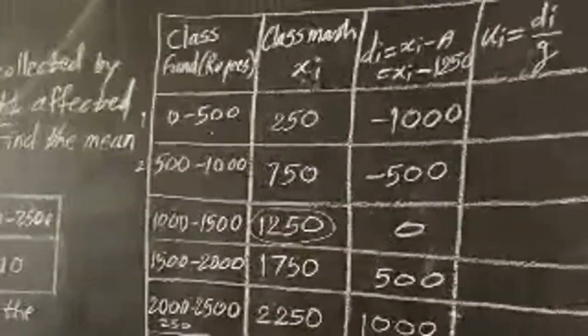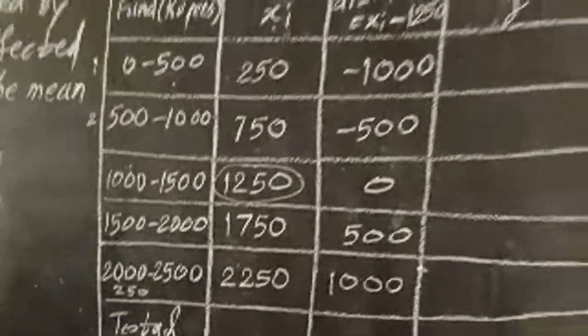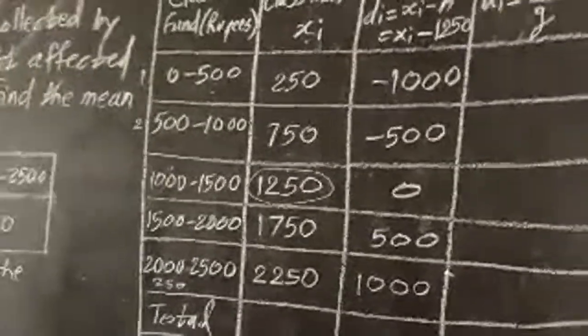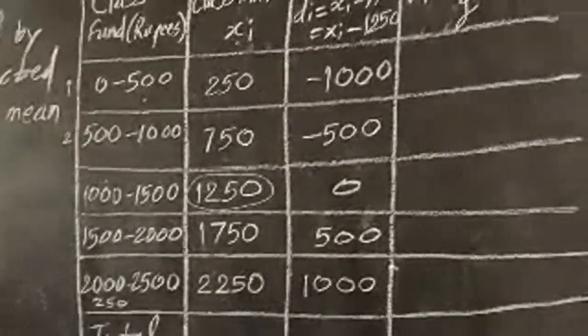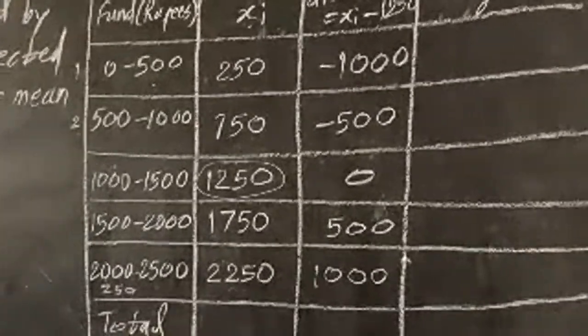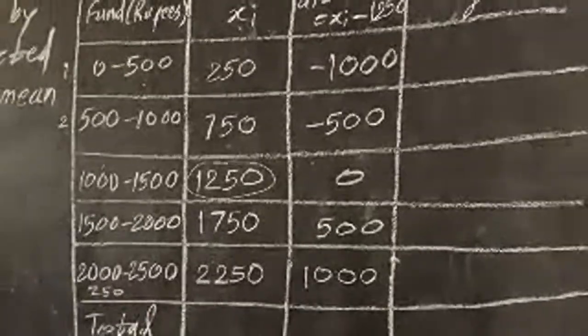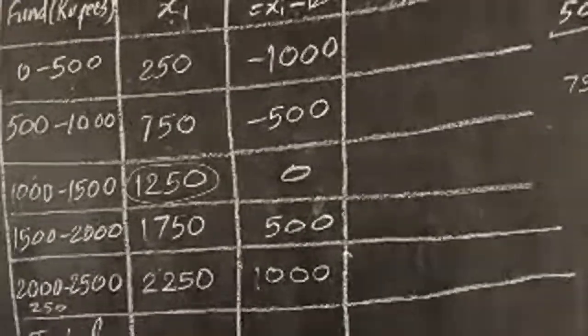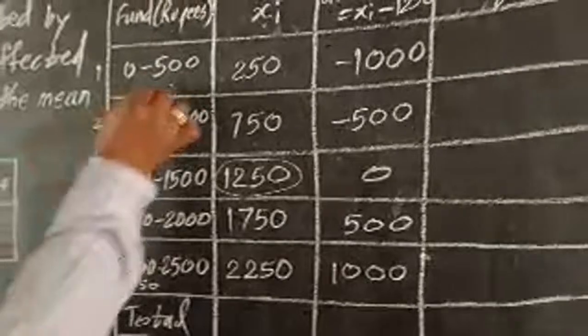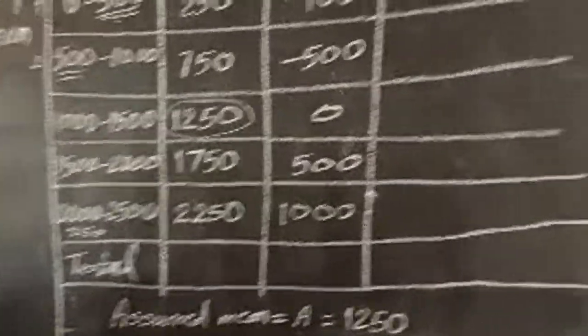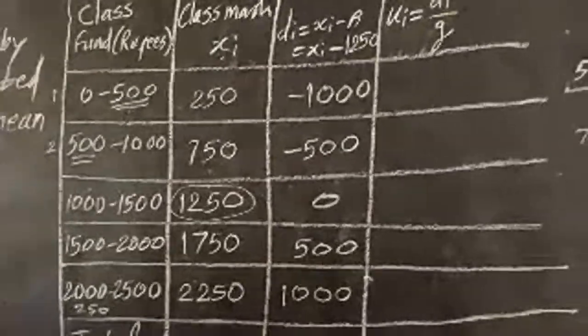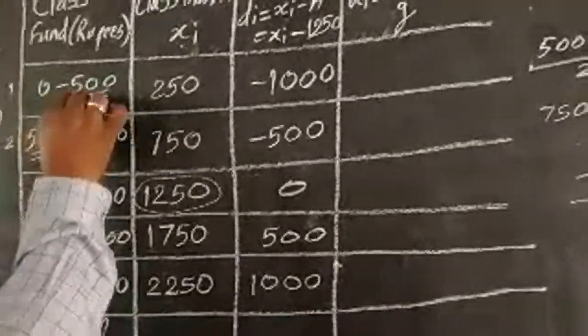Continuous classes are essential. Are the classes continuous? Continuous means the end and the starting are similar. End is 500 and starting is 500. Both are the same, which means continuous.